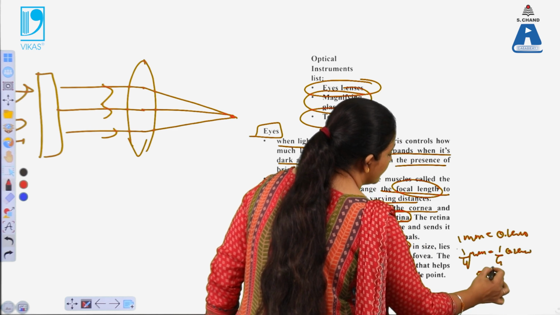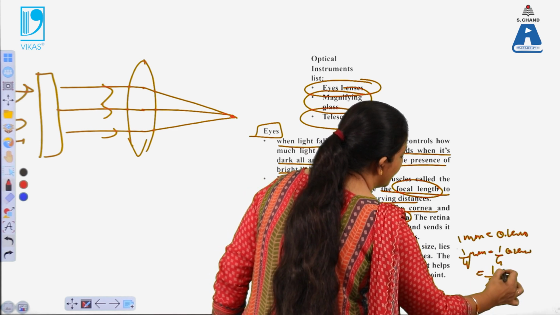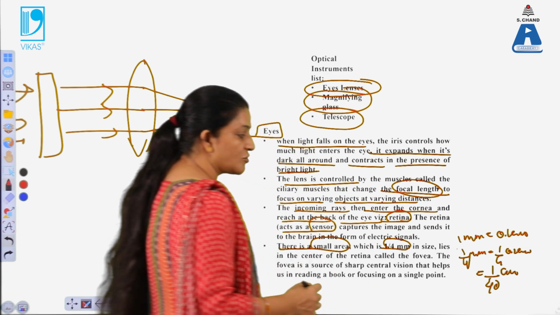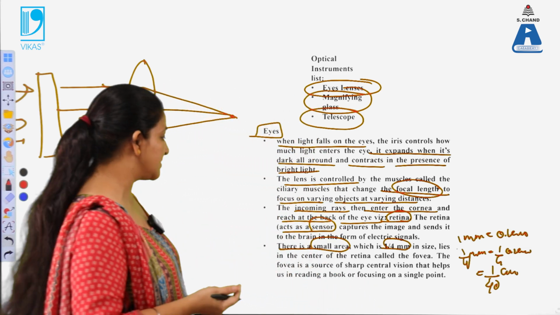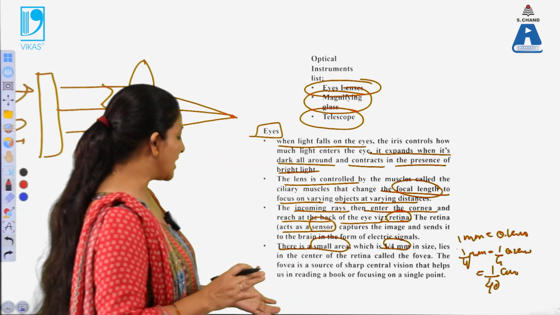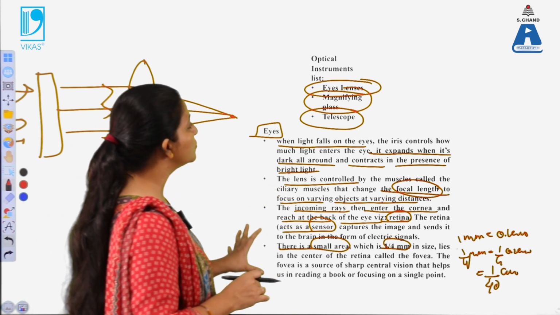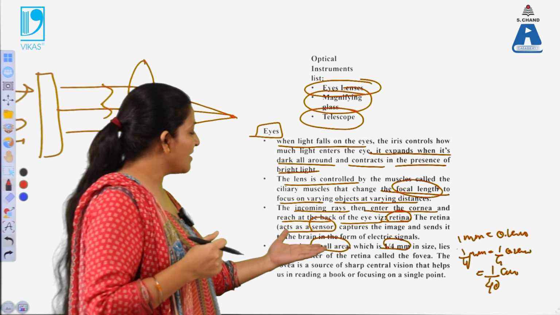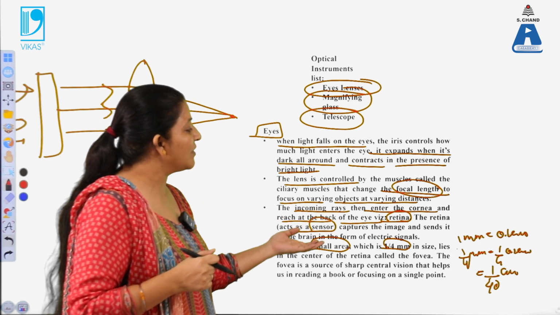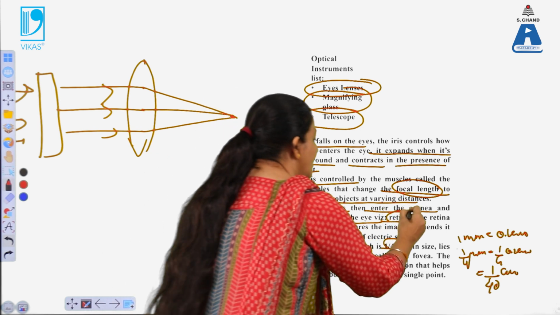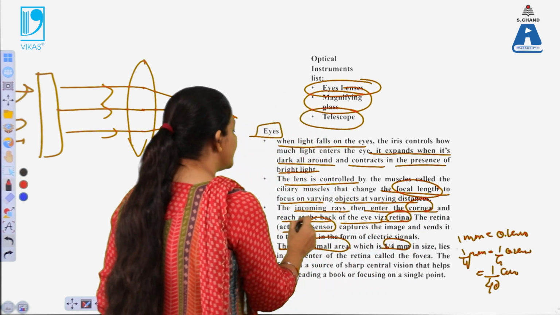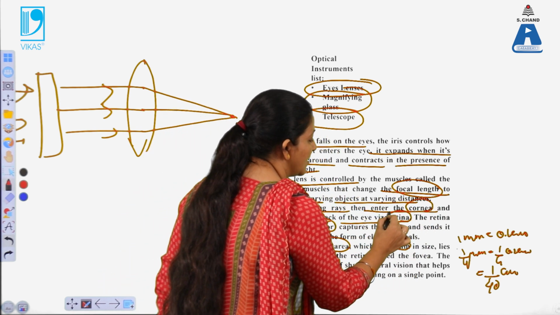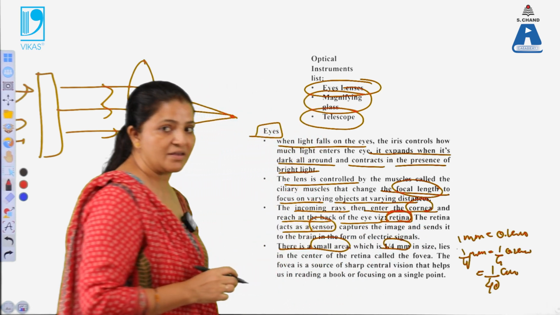That is 1 by 40 centimeter. So 1/40th of 1 centimeter, that size is very small. That's why we are able to see the objects in our eye. The incoming rays enter into the cornea of our eye, then they reach back to the retina of our eye.